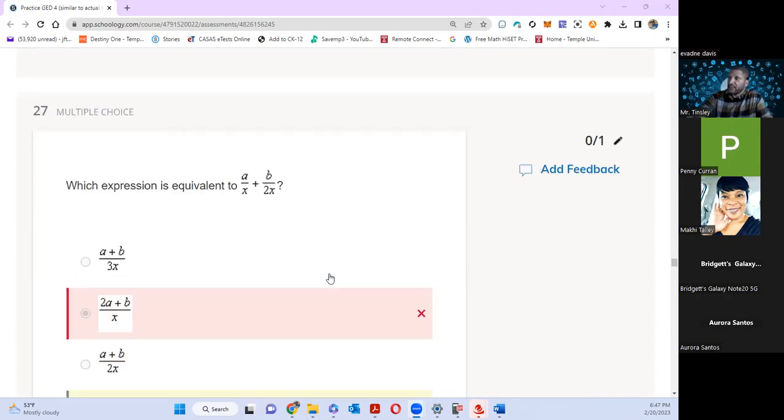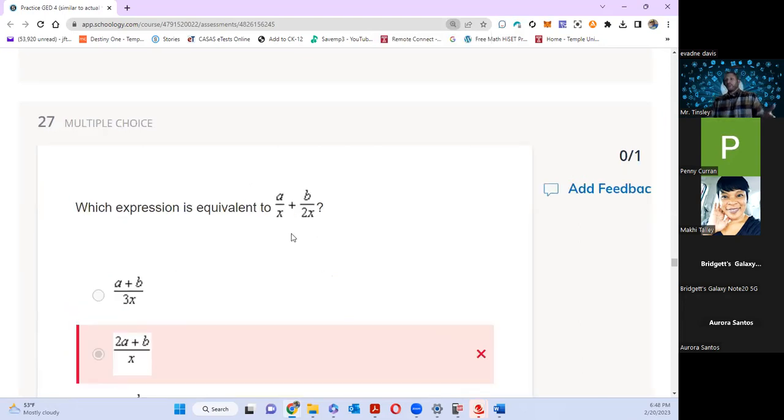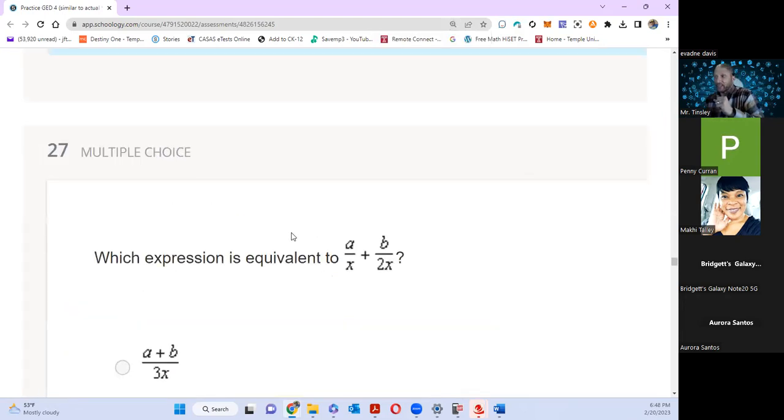Let me make this, and this is a little easier, and this is the level of what probably the GED would give you. I don't know why it's not getting bigger. There we go. So again, one denominator is x, the other denominator is 2x. So if I want to have a common denominator, what would I do?